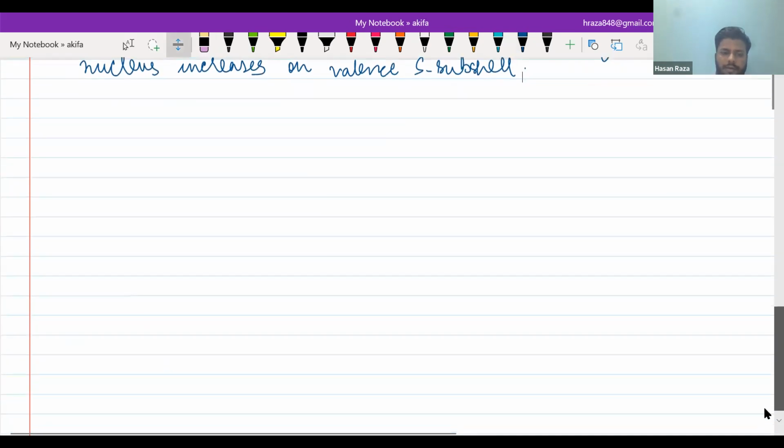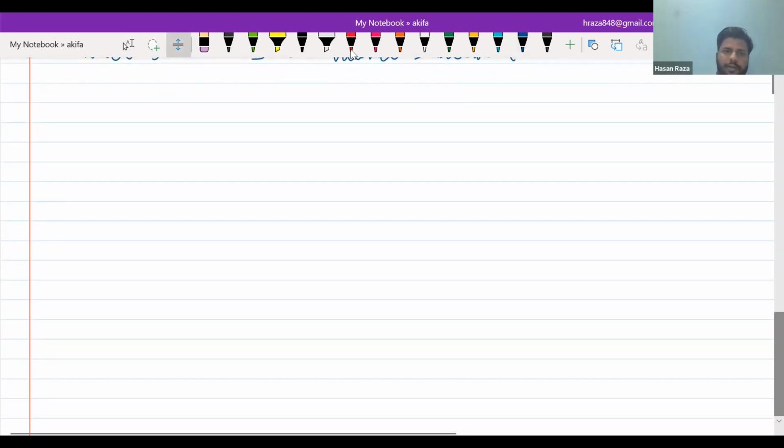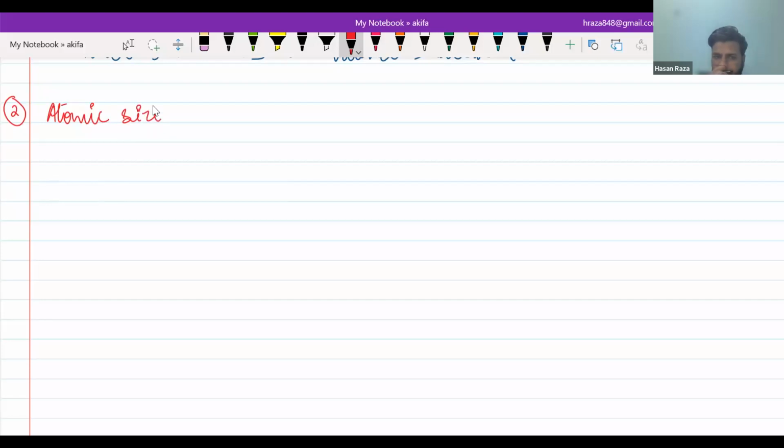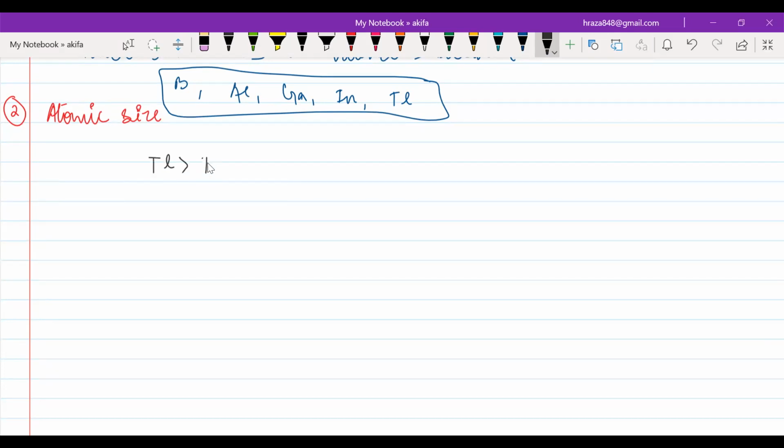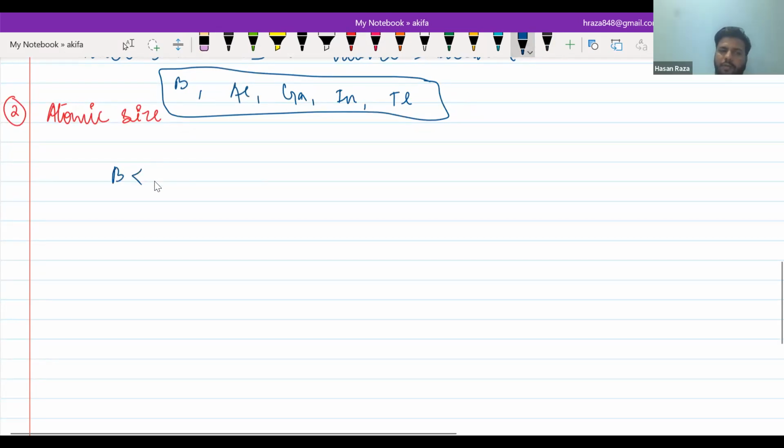Now we will start like the oxidation state we just did. First, we are going to discuss atomic size. We are talking about boron, aluminum, gallium, indium, and thallium, the 13th group. If you want to arrange them by atomic size, the largest will be thallium and then indium. Can you arrange it? Boron, and then what will come?